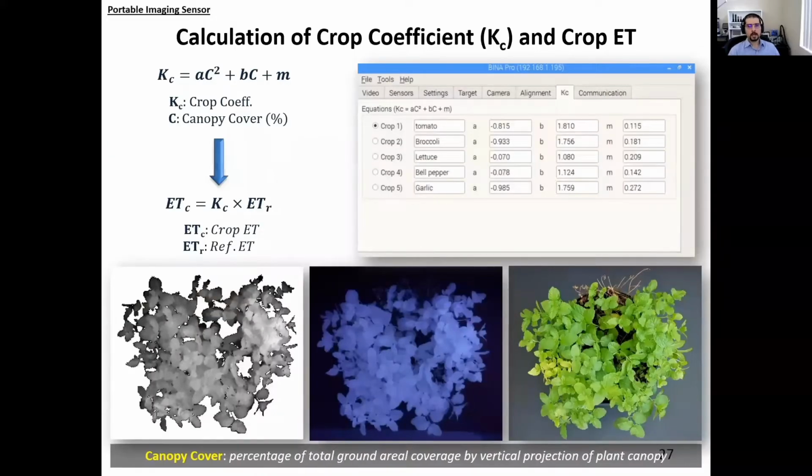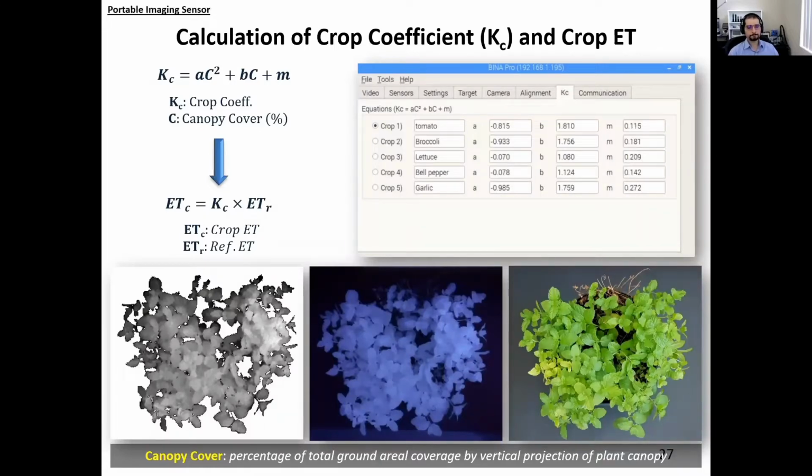Okay, I mentioned that the imager can calculate crop coefficient and crop ET. So how does it do it? Crop coefficient can be defined as a polynomial function of crop cover, and crop cover can be automatically extracted from images by the algorithm.